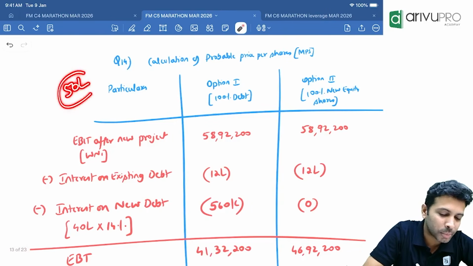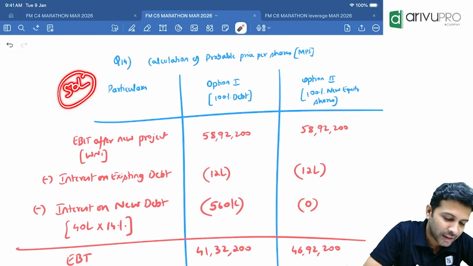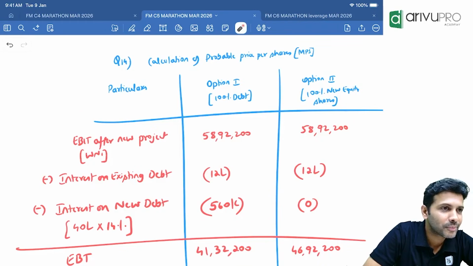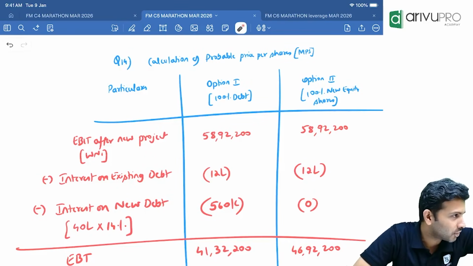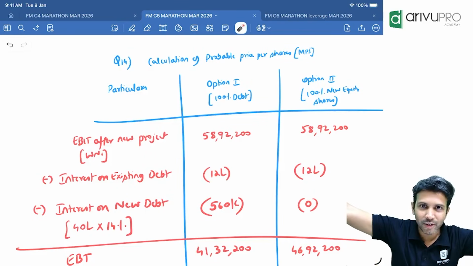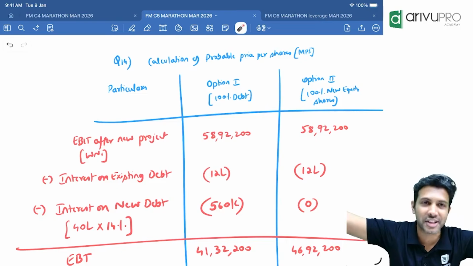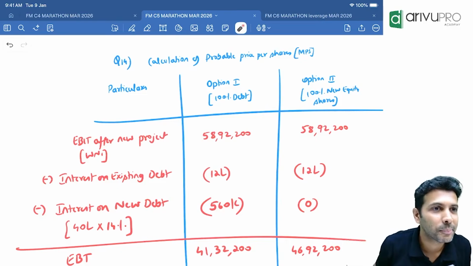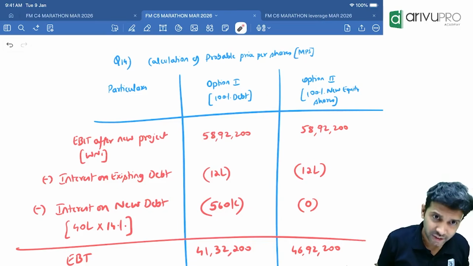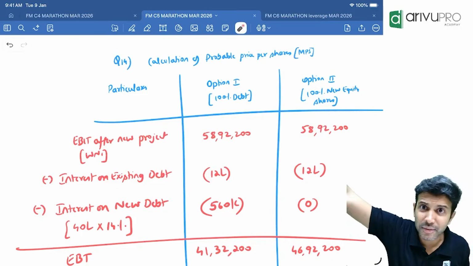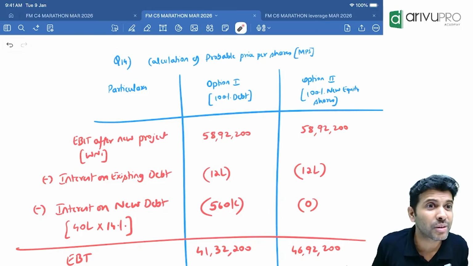In one banner we printed: 50 lakh money we have raised through debt. Please come. On the other side of the board, another banner may be printed: 50 lakh we have raised through equity shares. Please come. Just because I have raised the money through debt, I will get 100 students? Or just because I have raised it through equity shares, 100 students will come?